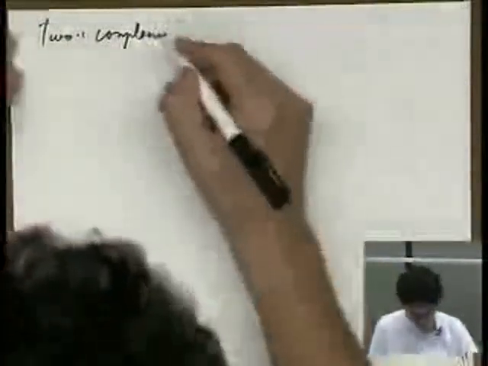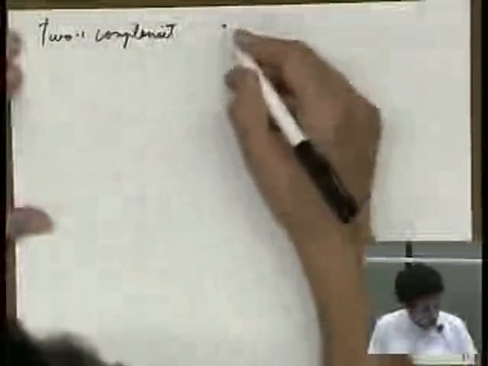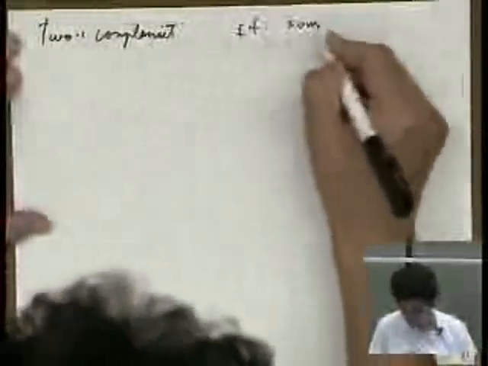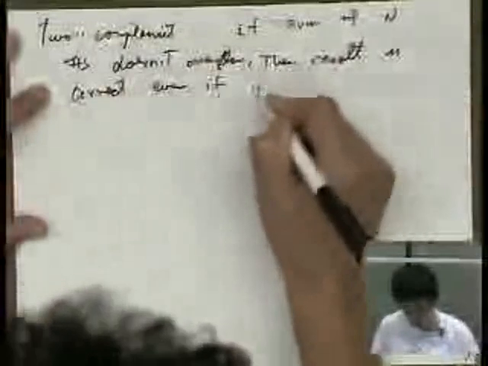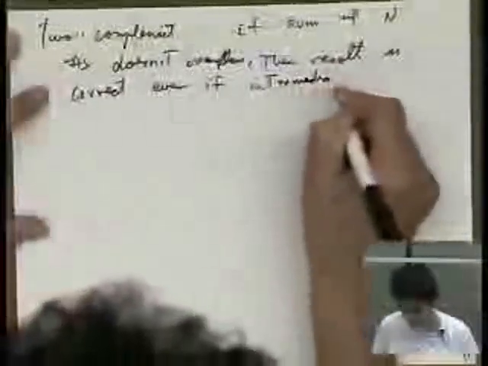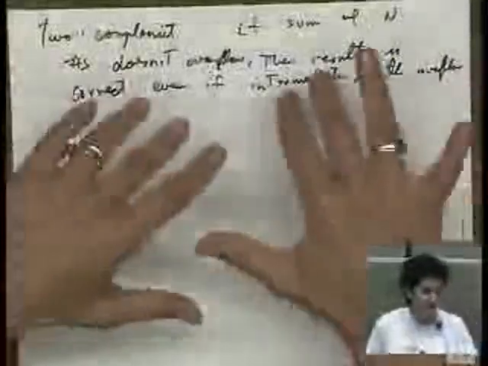So for 2's complement, if the sum of n numbers doesn't overflow, then the result is correct, even if intermediate results overflow. That's one advantage of using this natural overflow, over saturating and clipping things.